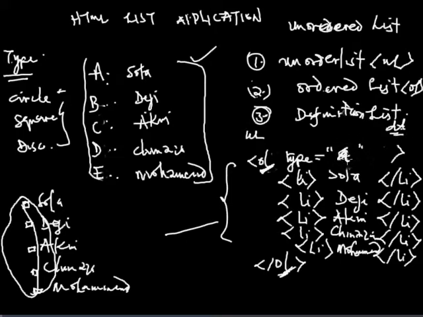For the ordered list, you can make this small letter, and this turns out to be a, b, c, d, e in small letters. And you can also make it Roman numbers. So I guess you must have been taught Roman numbers now. You make it I, and it's just going to write this in this way.